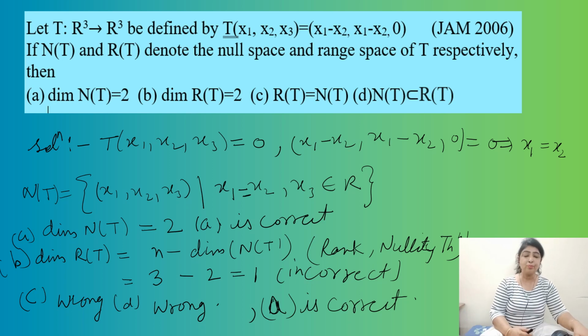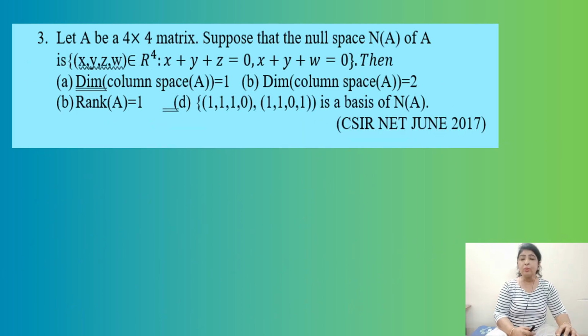Clear? Now take up the next question. Let A be a 4 by 4 matrix and suppose that the null space N(A) is given by {(x, y, z, w) belongs to R^4 : x plus y plus z is equal to 0, x plus y plus w is equal to 0}.